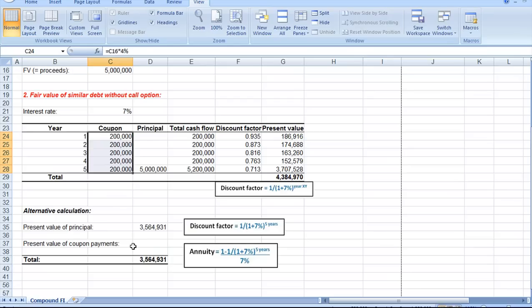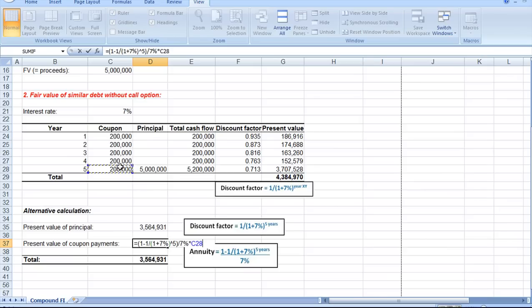Then we need to calculate the present value of coupon payments. Each coupon payment amounts to 200,000, which is 4% of 5 million. It will be paid annually at the end of each year. As we are dealing with regular payments now, we can use the formula for annuity, shown in another rectangle here, right?